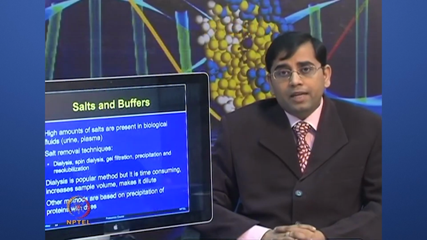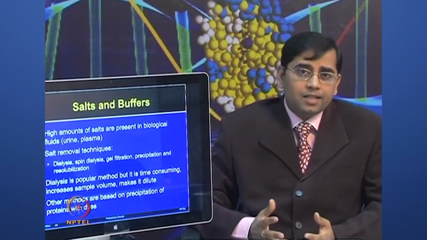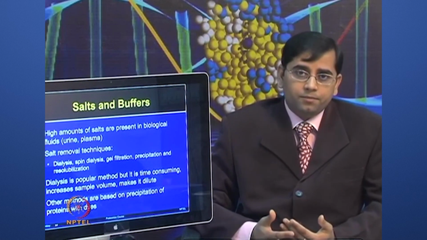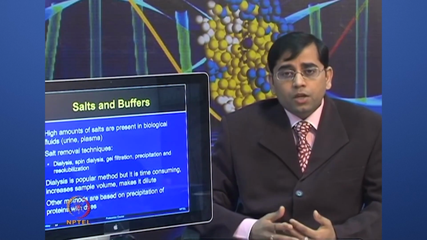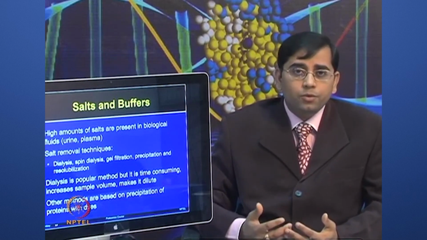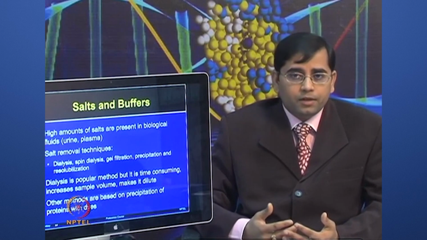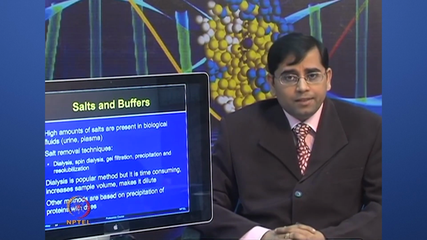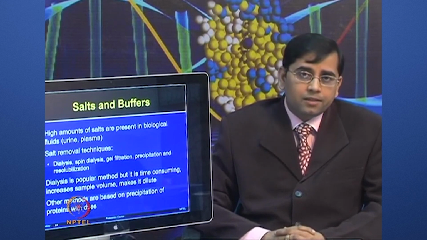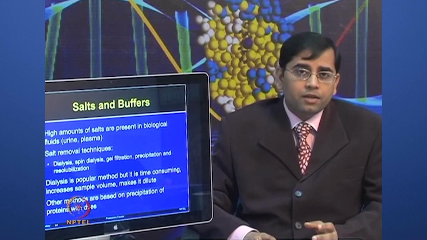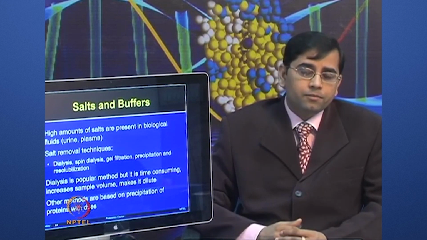Similarly, there are different types of plant cells which are quite rich in salt content. If you want to remove this salt, you have to follow different salt removal methods. These methods could be dialysis, spin dialysis, gel filtration, precipitation and resolubilization.